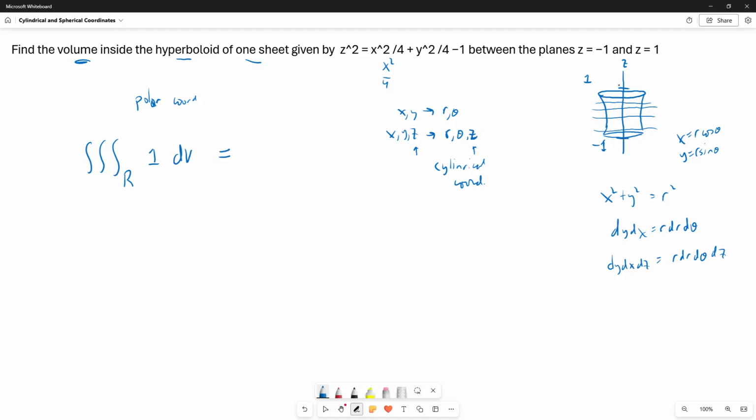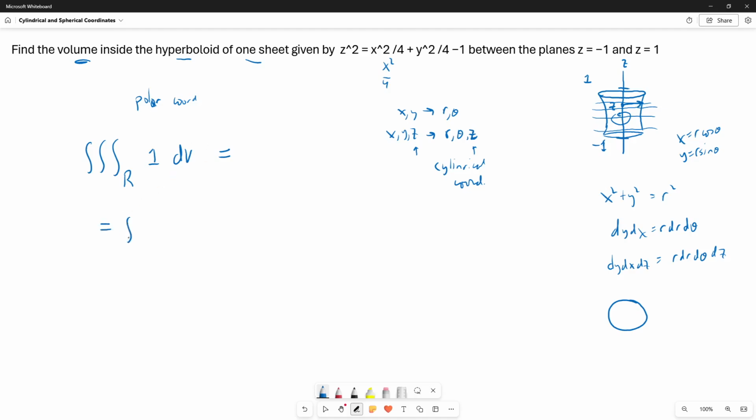Z goes from -1 to 1, theta goes all the way around, 0 to 2 pi, and r is going to vary from 0 out to this edge, and we're going to have to think about that a little bit, but that's going to work itself out very nicely, because for any particular value of z, we do have a circle as the cross section. Okay, so let's take a look.